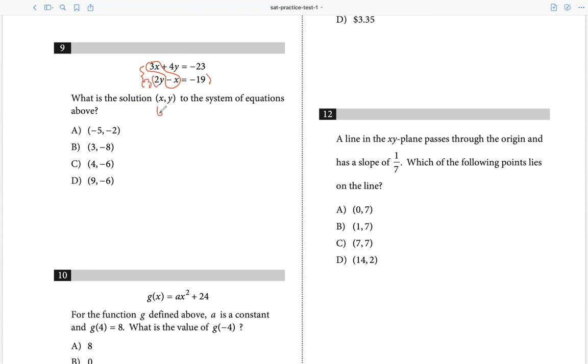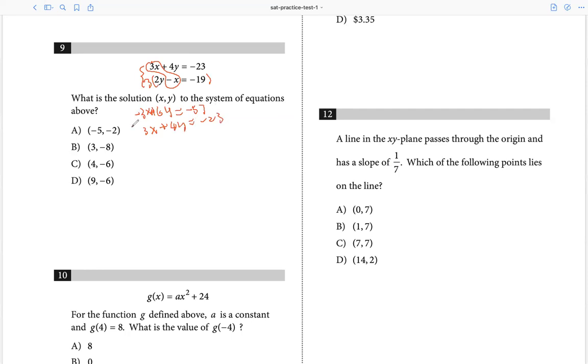When I multiply by 3, I get negative 3x plus 6y, because 6y is positive. That equals 3 times negative 19, that's negative 57. So the first equation is 3x plus 4y equals negative 23.